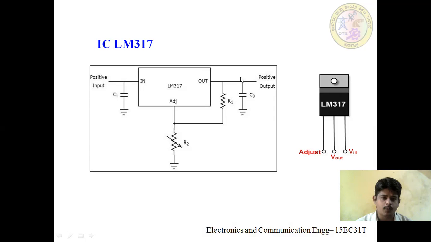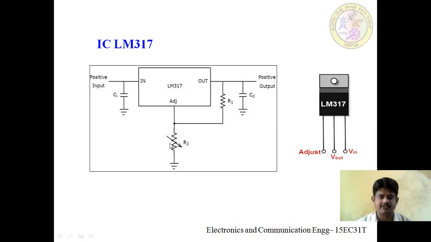Adjusting the output voltage is possible using these two resistors R1 and R2, and this voltage will be given to the adjust input of the LM317. R1 is a fixed resistance and R2 is a variable resistance. So we can change the value of R2, and that will change the output of the LM317 IC.